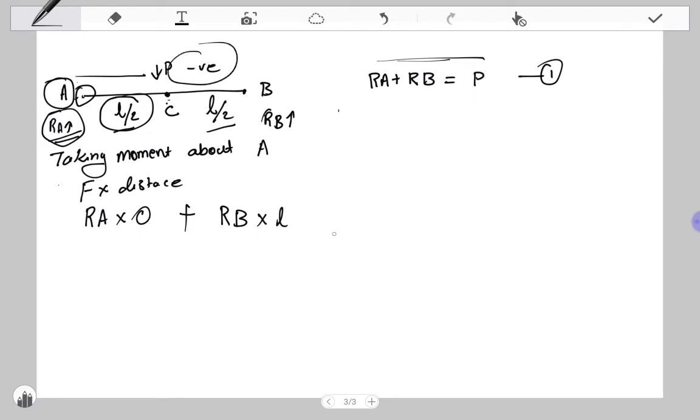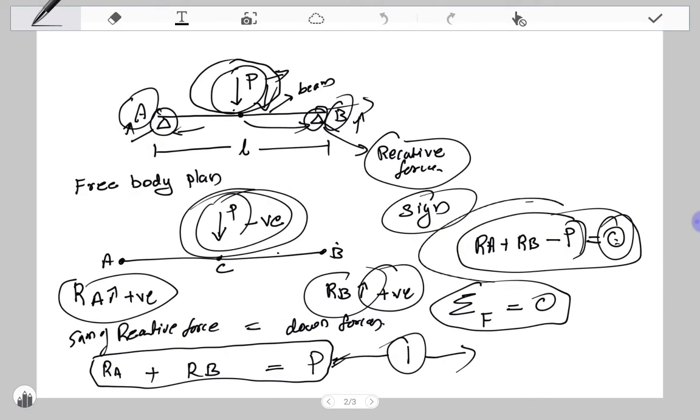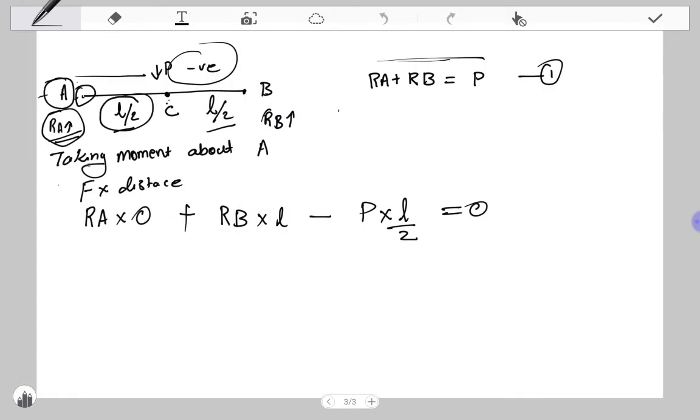So minus P, and the distance from point A is L divided by 2. From the previous equation we came to know that the sum of all the forces is 0, so this also will be 0. Guys, this is the formula I used here for taking moment of the forces.